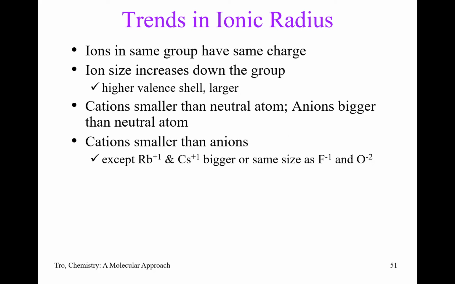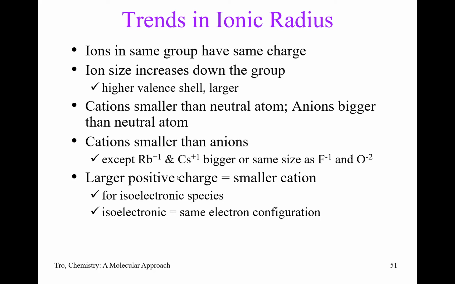The protons are positively charged and pulling the electrons toward them with the same Z effective, but now there are more electrons, so it can't pull on all of them as strongly. And then there are little exceptions, and I don't put exceptions to the rule on exams. It's silly for an intro class.